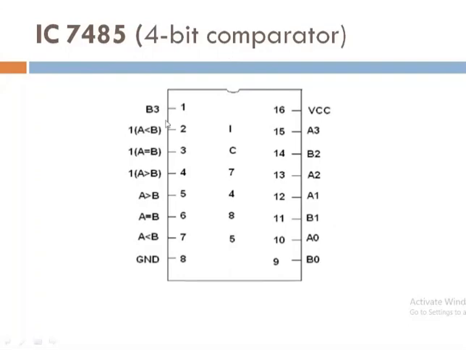Suppose I am considering A0, A1, A2 and A3, and now B0, B1, B2 and B3. See here, this is not in a sequence. So you should have this knowledge.